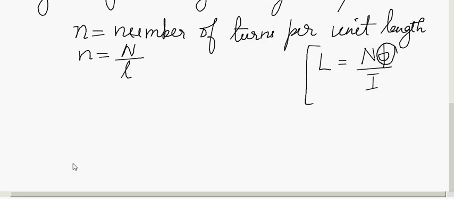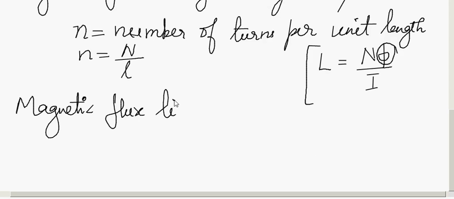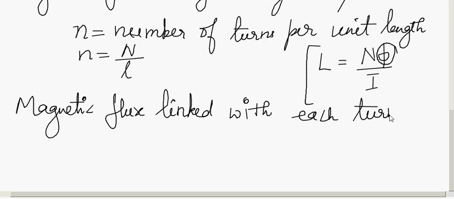Magnetic flux linked with each turn is phi equal to B into A. Therefore phi is equal to B, which is mu naught n I, into A. This is flux linked with each turn.